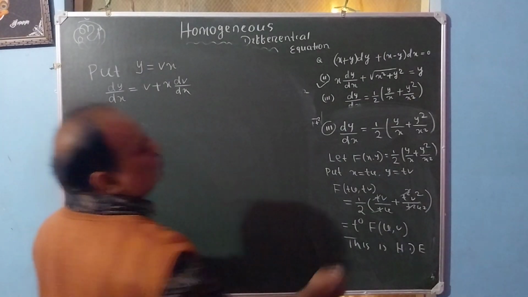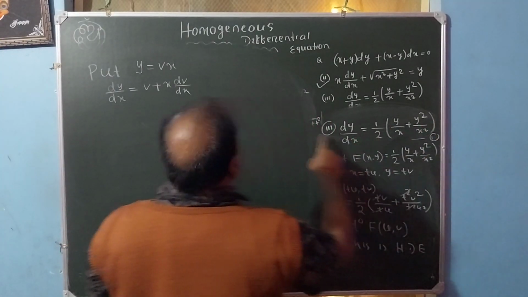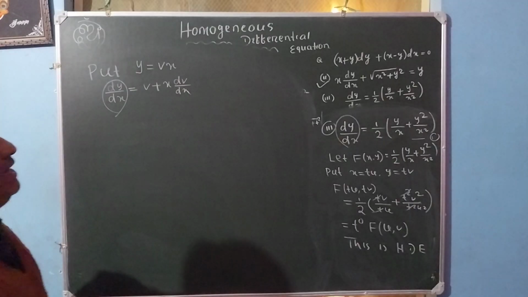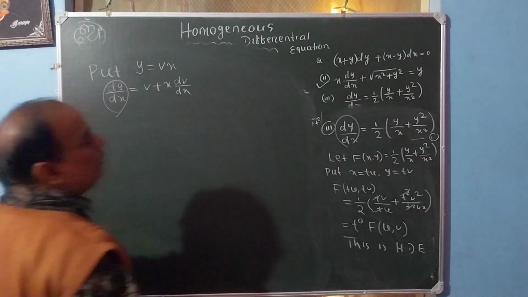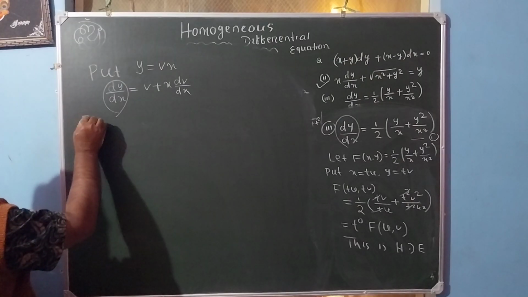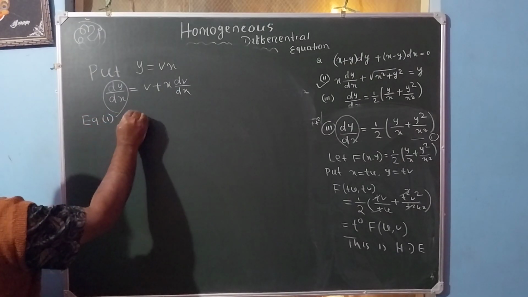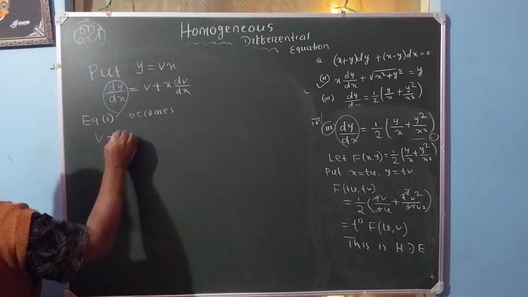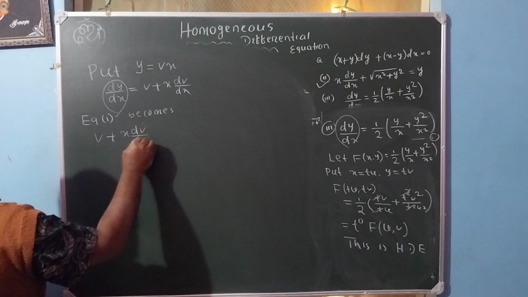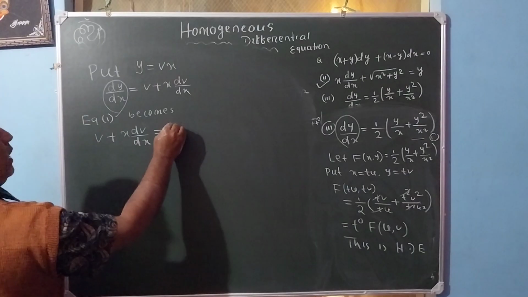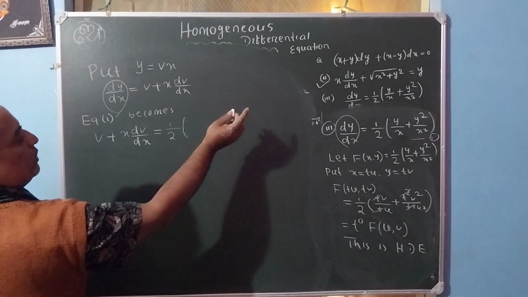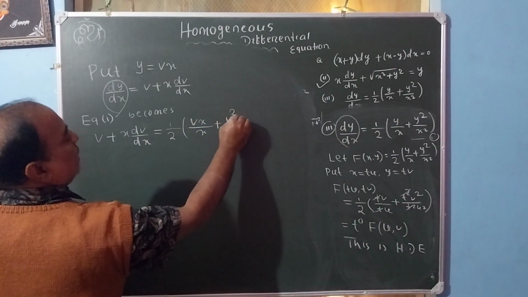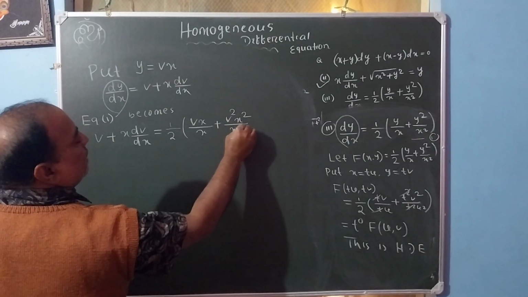So now the equation becomes, putting the value of dy by dx as v plus x dv by dx, and in place of y we have to put vx. So the equation 1 becomes v plus x dv by dx is equal to 1 by 2 vx by x plus v square x square by x square.